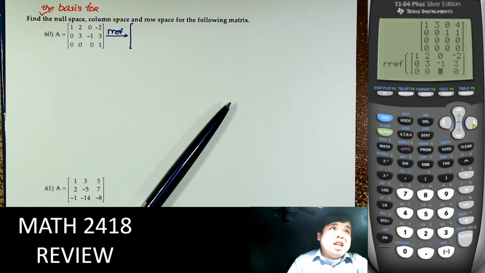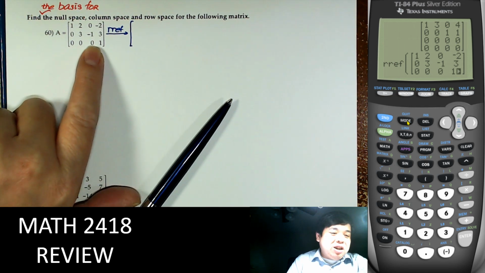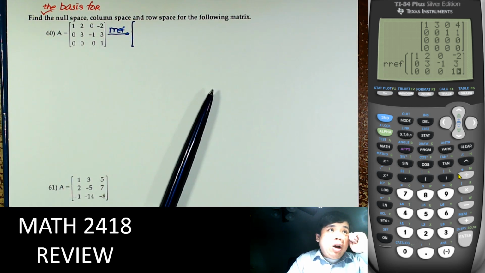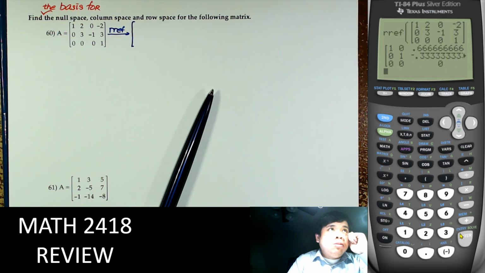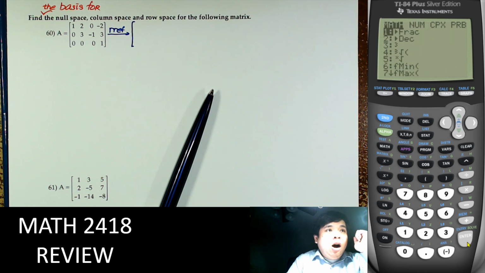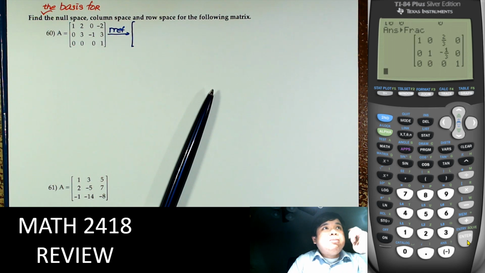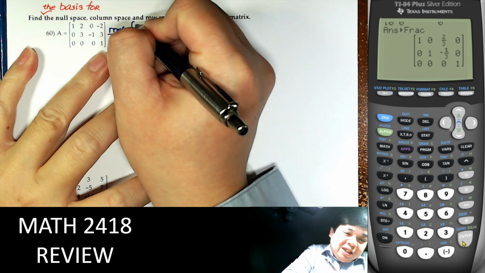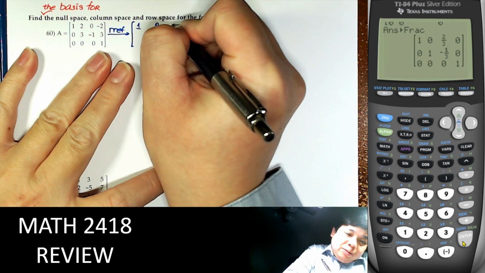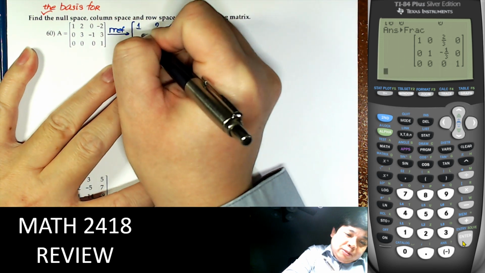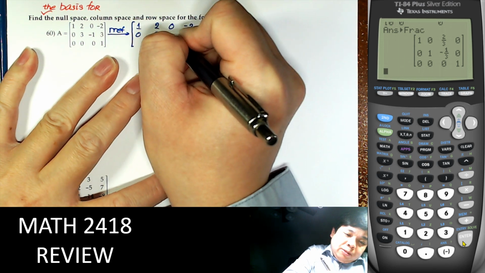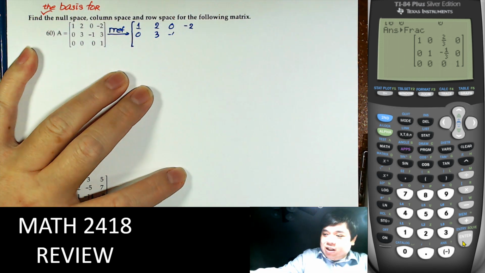Actually, this matrix is in row echelon form already. We really don't need to do this. We just work with this because this is already in row echelon form. Just convert this to fractions so it's tidy.